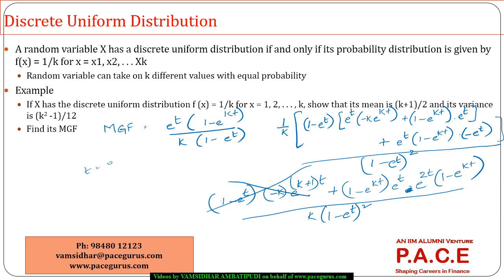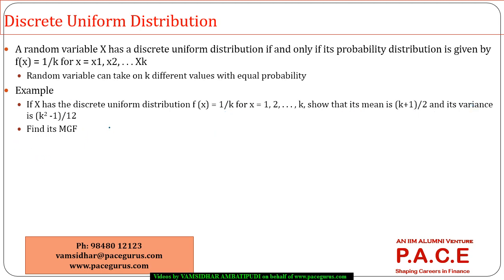let me just check, something went wrong. The mgf is e to the power of t and 1 minus e to the power of kt divided by k; let me take k out altogether, 1 minus e to the power of t.